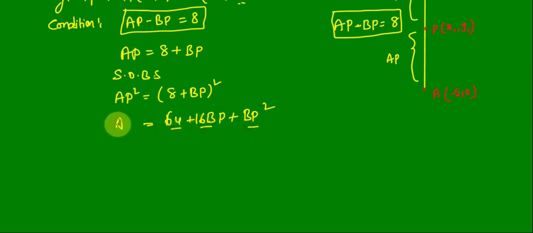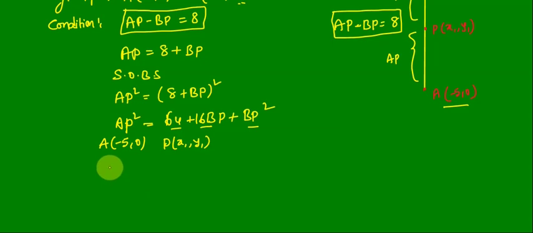So on the left hand side it is AP square. Now we know the formula of AP square: it is the distance between A and P. So what are the coordinates we have? A coordinate is (-5, 0) and the P coordinate is (x1, y1).